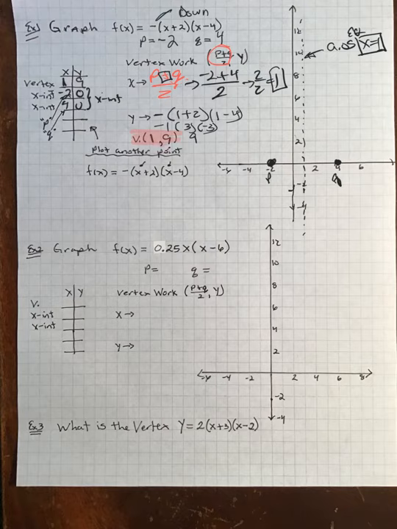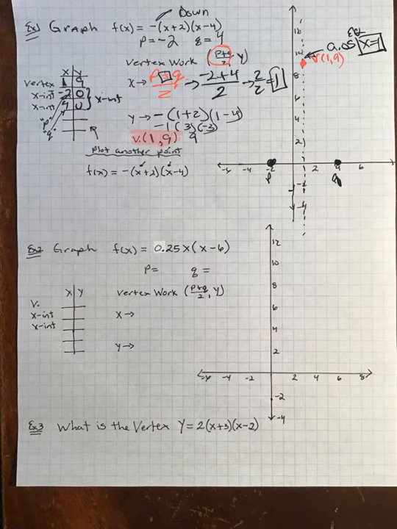So I can plot (1, 9). And if something seems to look a little weird, look at your vertex, because most of the time it's a vertex error. Maybe it should be a little bit lower, a little bit higher if it's off a little bit. Now you can start to see the parabola, but we need another point or two.